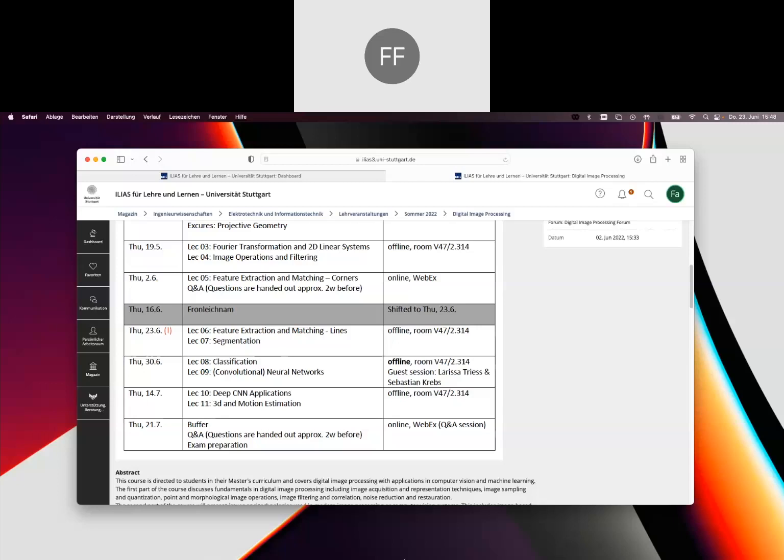She works with LiDAR techniques and especially takes care of 3D reconstruction from an automotive perspective. Both work at Daimler, so they bring a lot of experience, especially in terms of classification and convolutional neural networks with them. So I'm happy that they agreed to do this lecture, and I think they bring extensive knowledge with them.